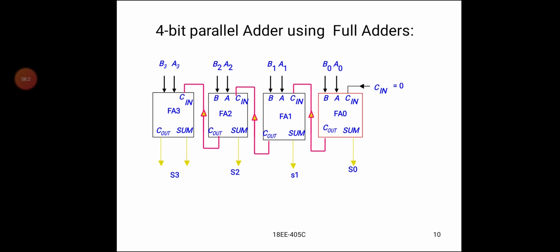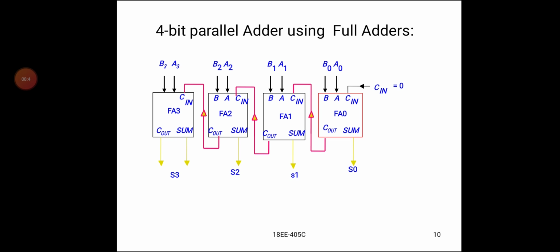It will generate sum S0 and C out. C out is connected and carried forward to the next significant full adder on the left side, FA1.